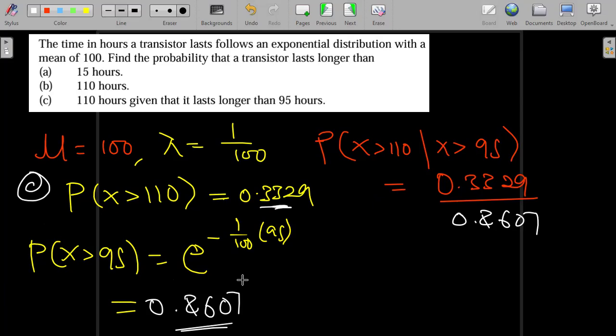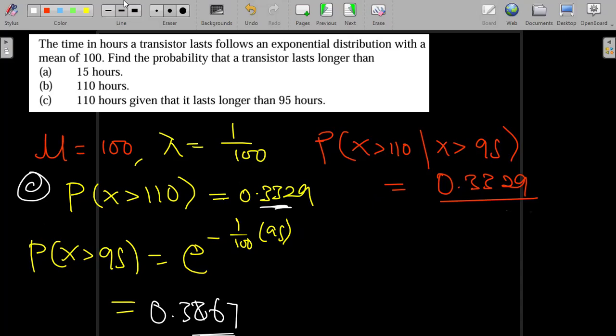So if I have e to the power minus 95 divided by 100, I don't get this one, so I'm getting 0.3867. So it's the one that I'll divide with there. So this here will be 0.3867.